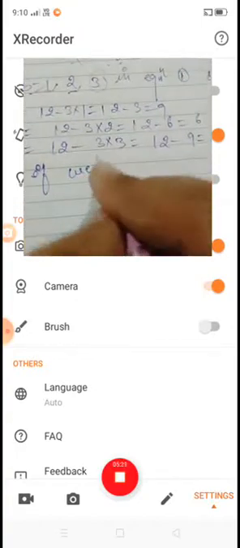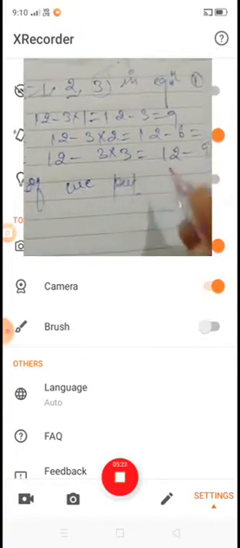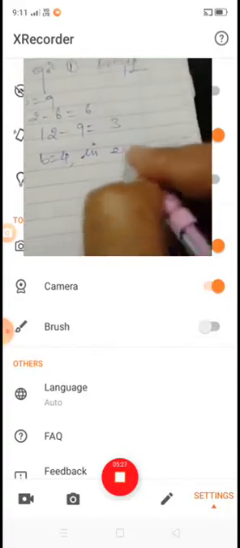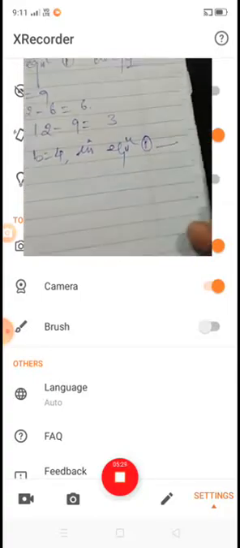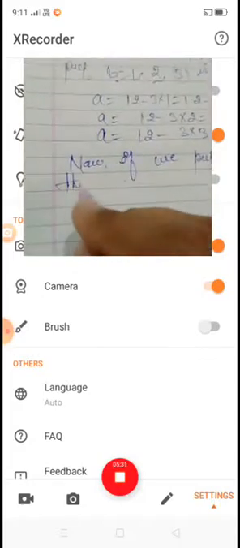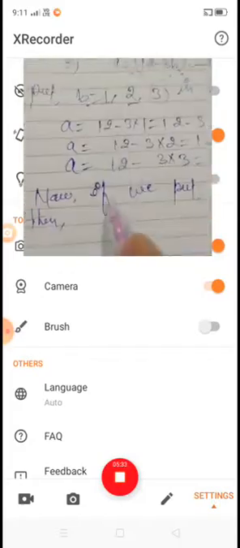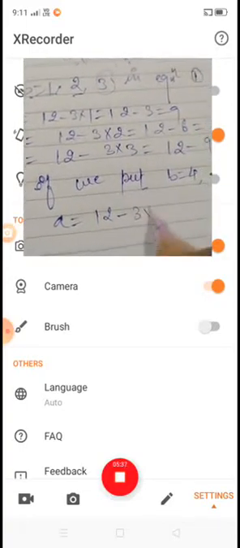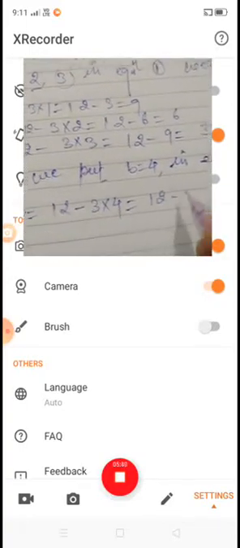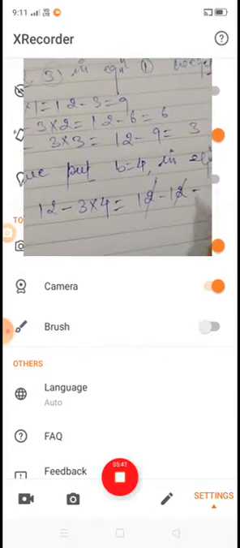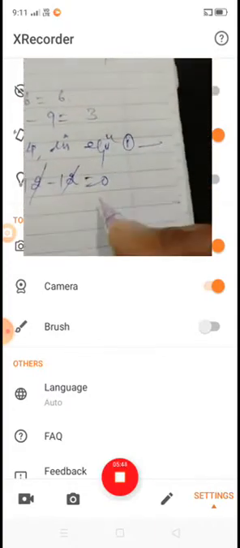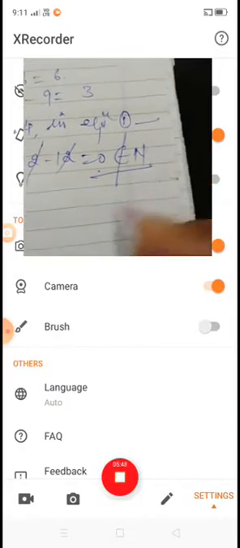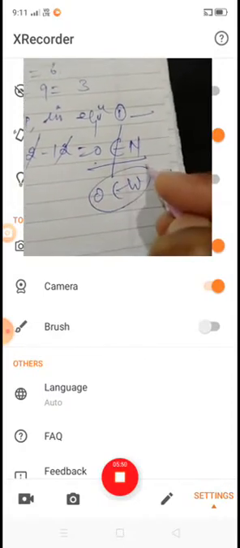Now if we put B is equal to 4 in equation 1, then A is equal to what? We get 12 minus 3 into 4, that is 12 minus 12, that is 0. And here 0 does not belong to the natural numbers, because 0 belongs to the whole numbers.